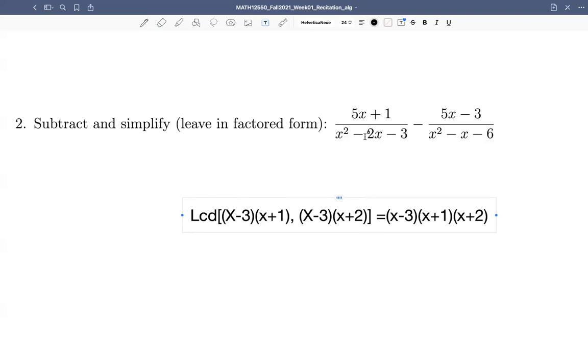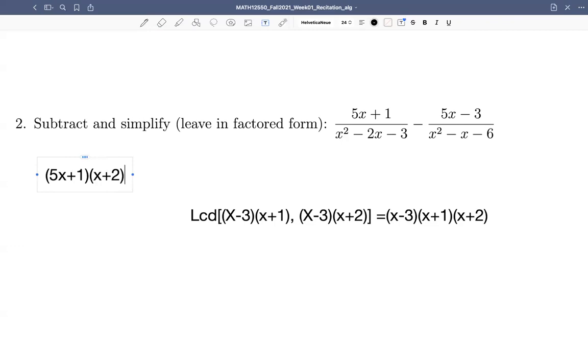Then the first one we want to multiply by 1. This one is x plus 2 divided by x plus 2. So for the numerator we have 5x for the first term plus 1 times x plus 2.